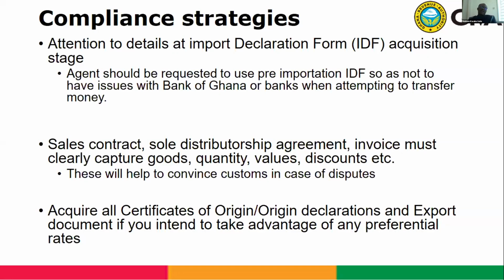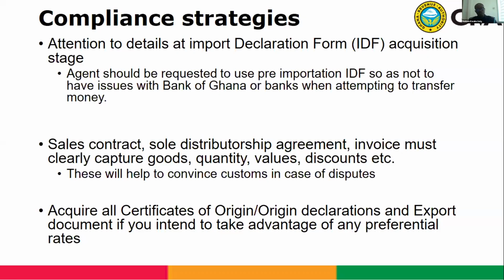Importers are also advised to acquire all certificates of origin and origin declaration documents if they intend to take advantage of any preferential rates under AFTA, ETLS, EU, UK EPA. Because there are rules governing the origin of goods, importers must ensure that they get the origin certificate that shows that the goods originate from there and they meet the origin criteria.